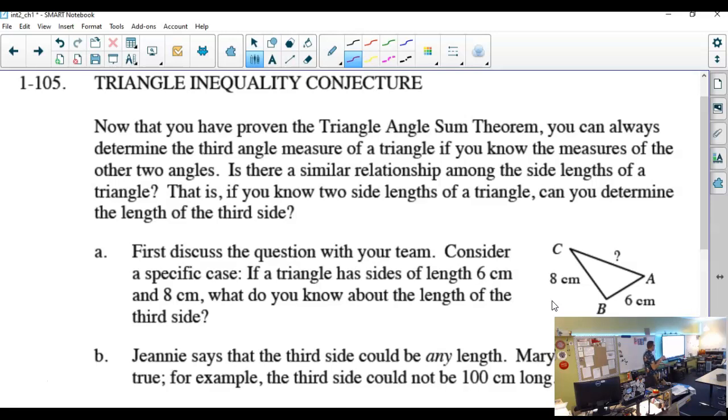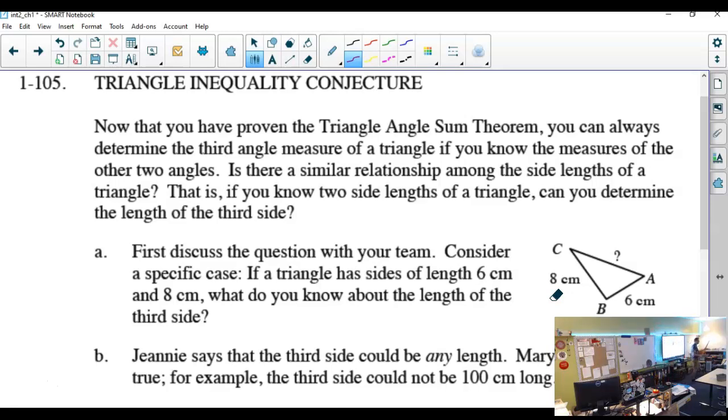I had a student the other day on a Math 7 homework trying to measure a side they were given, do a conversion to the length they were looking at on their ruler, and use that for their homework. They were trying to force a measurement. The pictures are often stretched weirdly or made intentionally to throw you off. The only thing here we can trust is the 8 and the 6.